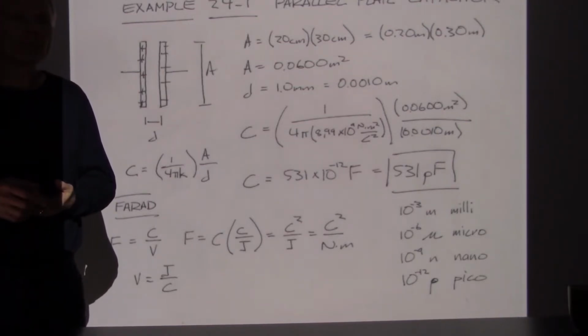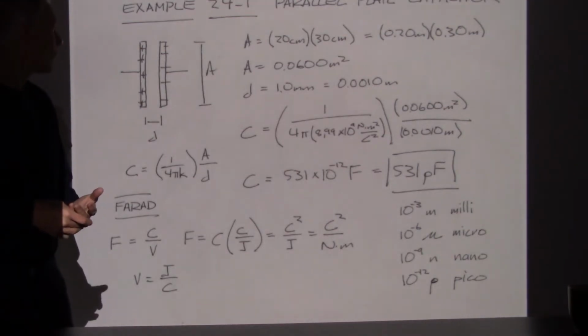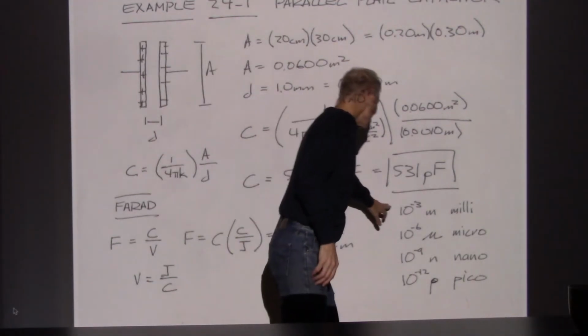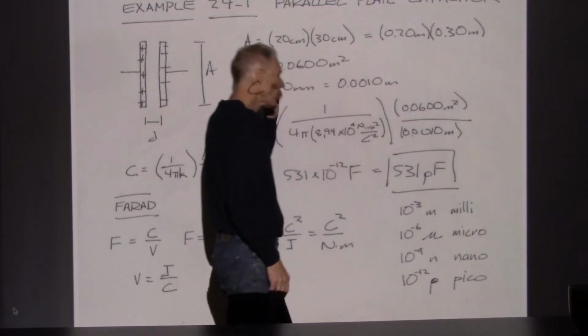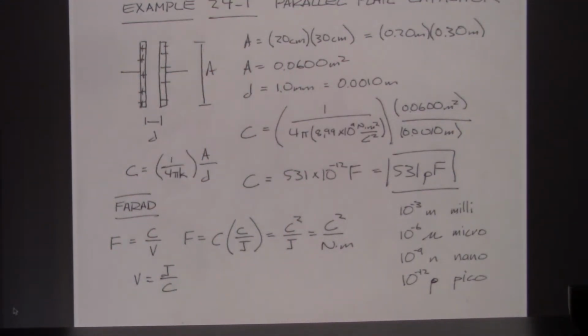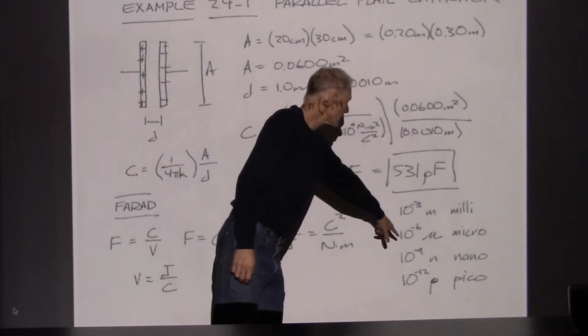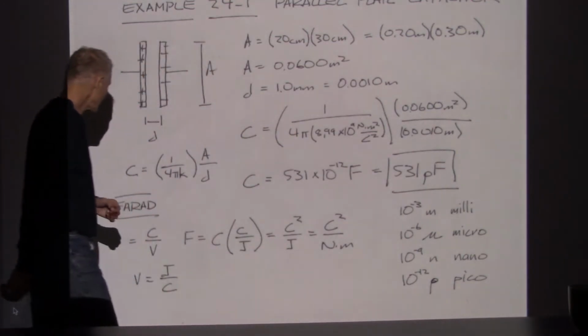Milli is 10 to the minus 3, micro is 10 to the minus 6. Oh, here they are right here. Those are really useful. Almost anywhere in physics, but especially with circuitry and electric fields, we bring in these prefixes pretty commonly. So I've intentionally written it so that I could use picofarads and avoid all the scientific notation.